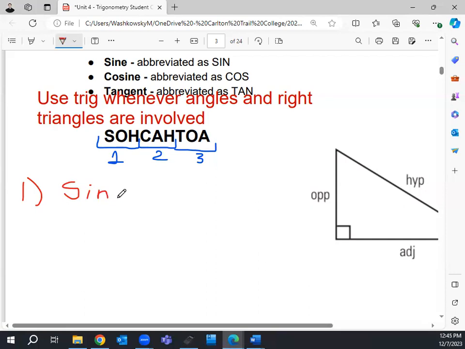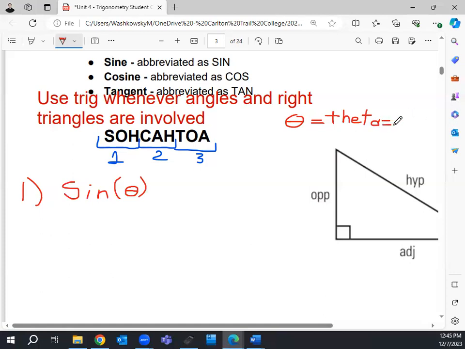And just like with the tangent that we looked at all the way back in Unit 1, we also have this thing. Remember what this little circle is called? This thing is called theta, and it basically means the angle. So when we see this little circle with the line in it, this is technically called theta, but that also means it is the angle.